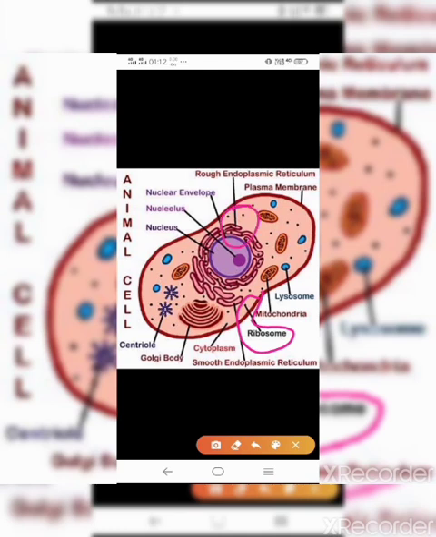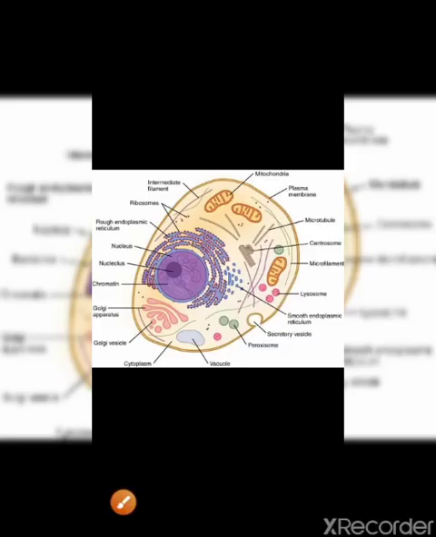This one. Clear? Ribosomes are single-walled spherical bodies and mainly composed of RNA. Ribosome helps in protein synthesis, which is the main function of it.